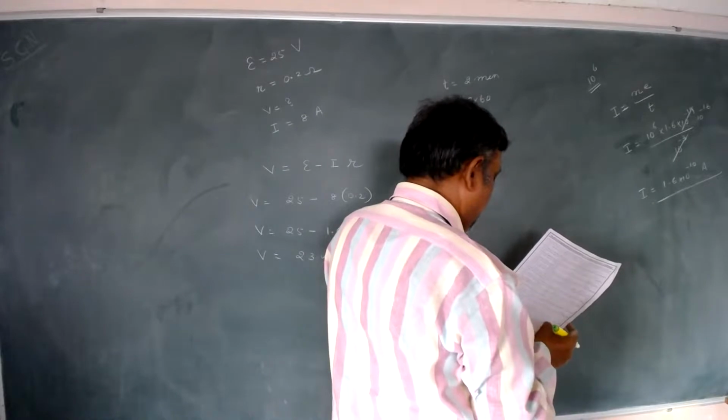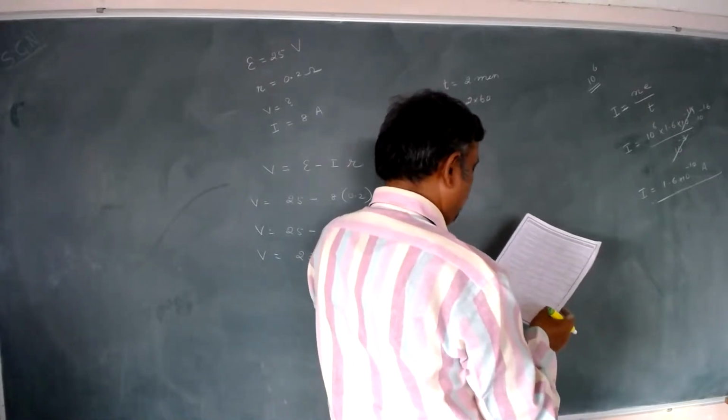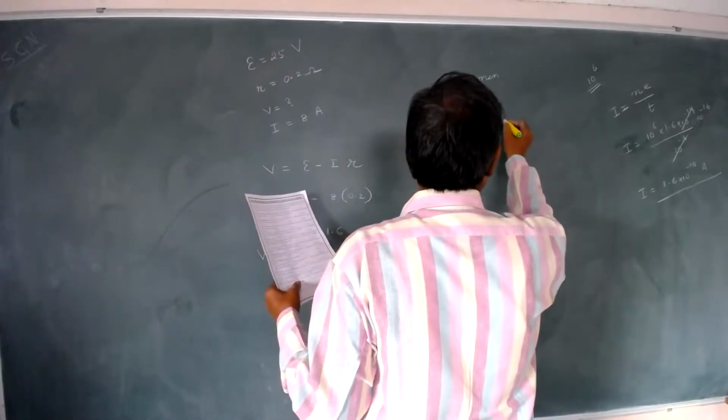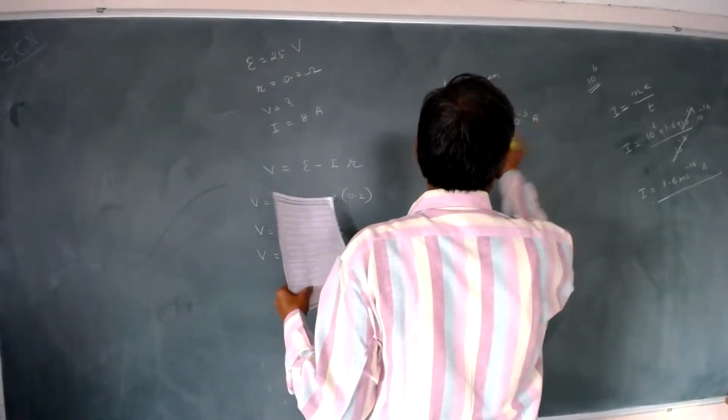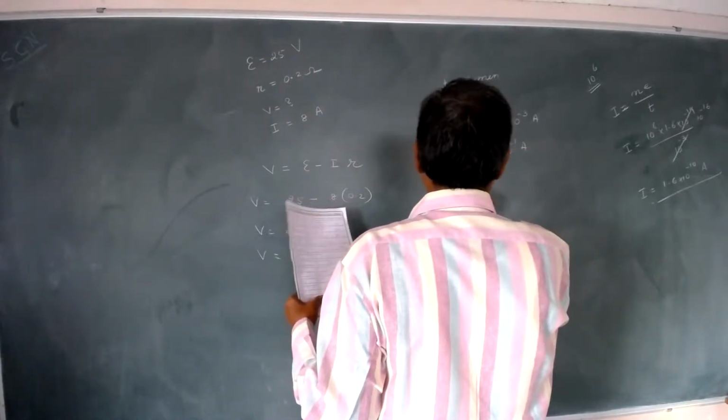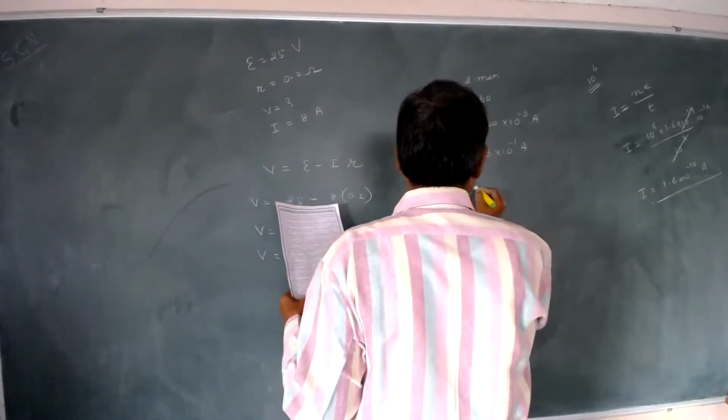The current passing through the wire is 300 milliampere, that is 300 into 10 power minus 3 ampere, which is 3 into 10 power minus 1 ampere. Okay, we know that.